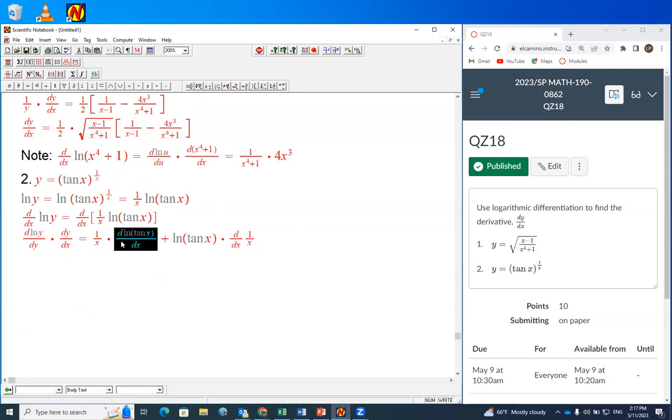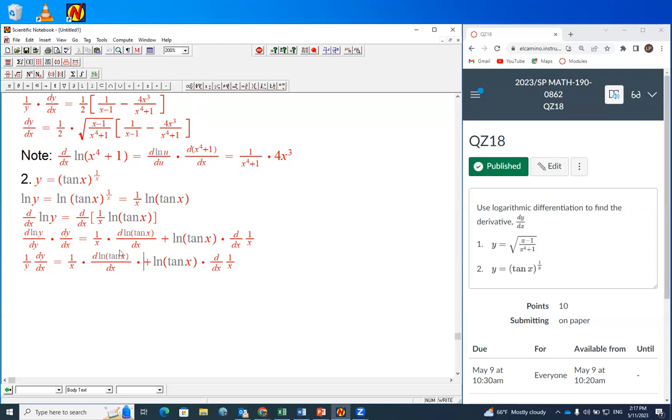And on this piece, you're differentiating with respect to u. So let's write it out. The left-hand side would be 1 over y dy dx. And the right-hand side, we've got to work on this piece.